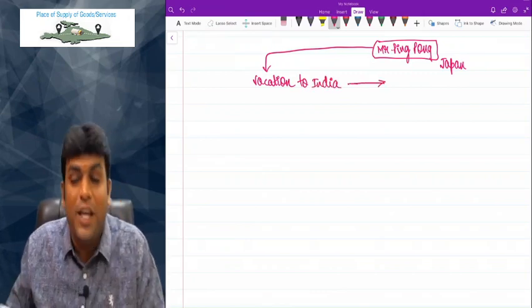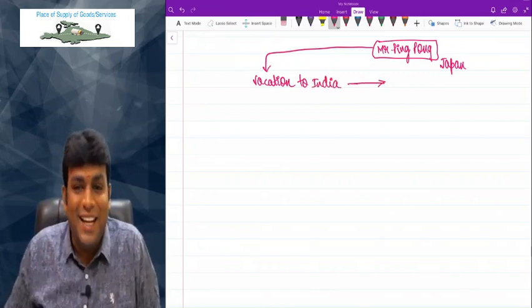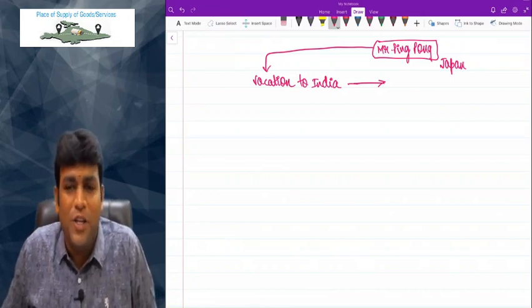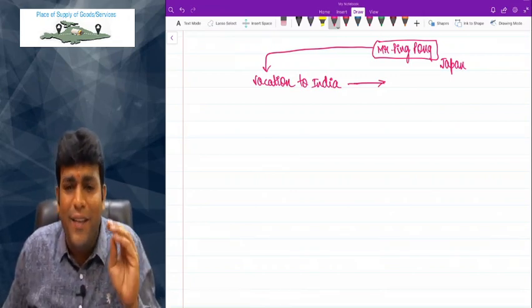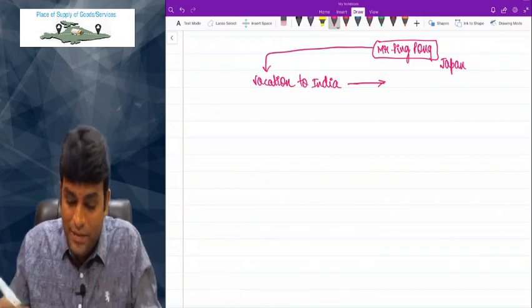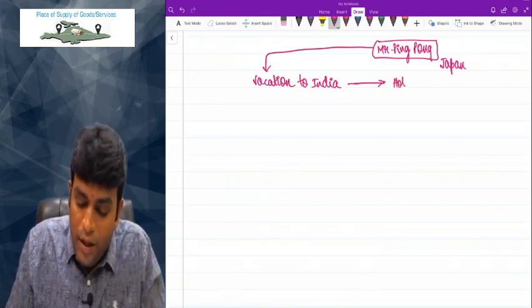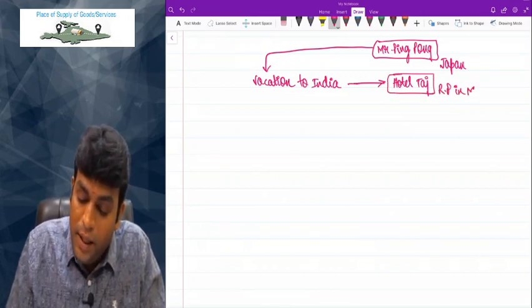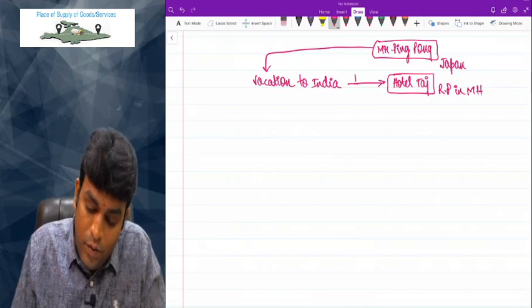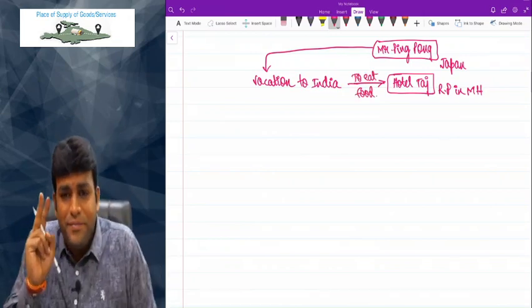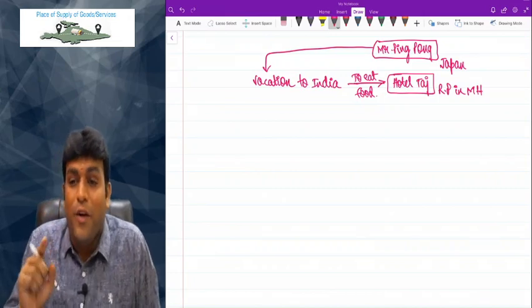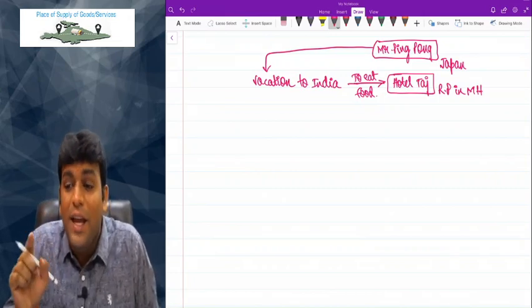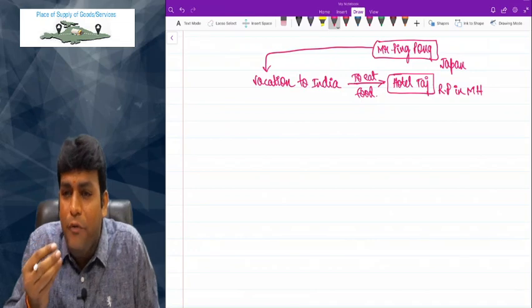Now, when he has come for a vacation to India, he went to one hotel to have his food. Let's say he went to Hotel Taj, a registered person in Maharashtra, to eat food. Sir, he did not go to Taj for the purpose of staying in the hotel. He went to Taj for the purpose of eating food, my dear friends.